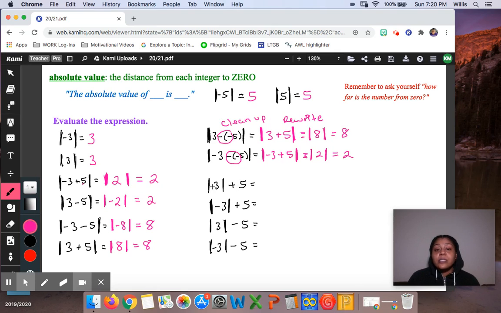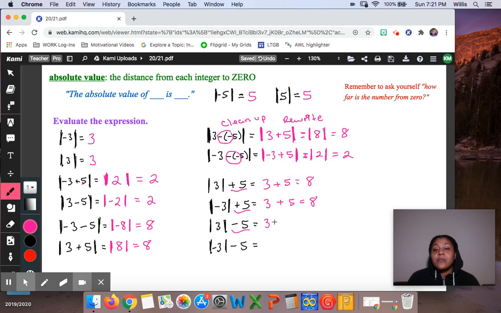So we're going to take care of the absolute value of 3, which is 3, and then you just rewrite the plus 5. 3 plus 5, 8. Absolute value of -3 is 3. Rewrite the plus 5. 3 plus 5 is 8. Absolute value of 3 is 3.